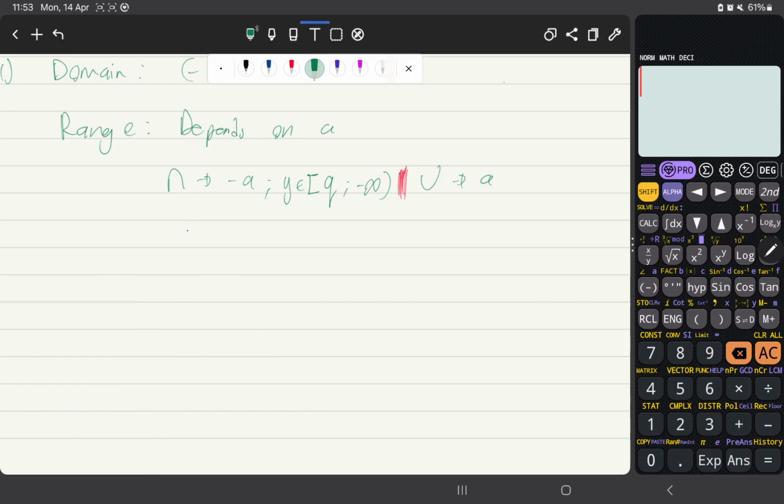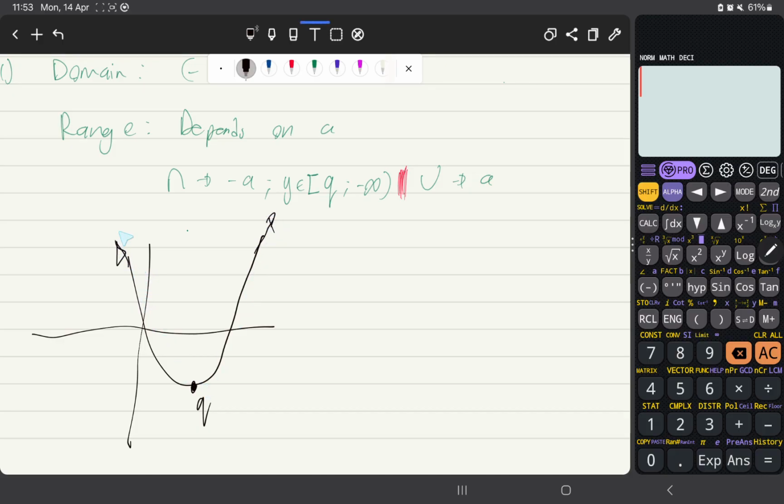So this is our turning point, our q, right? Whatever is on this side is negative. Our graph is gonna go straight like this.